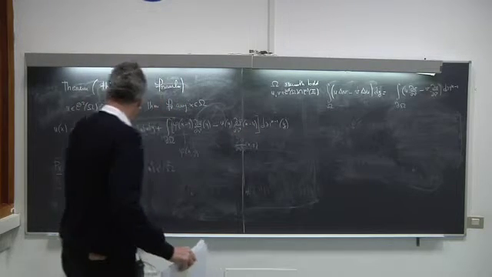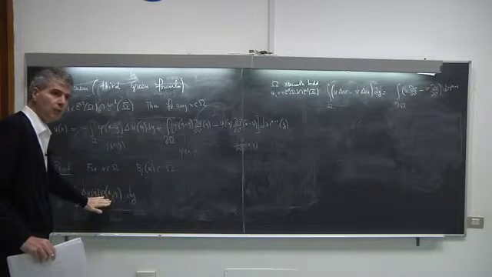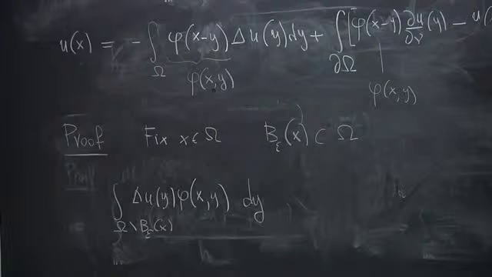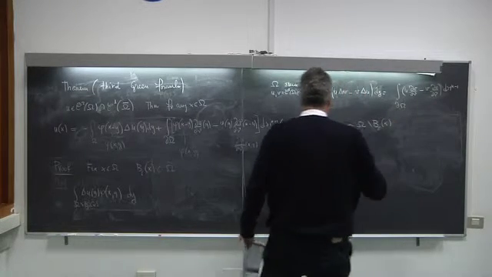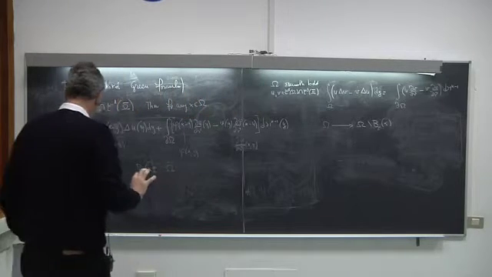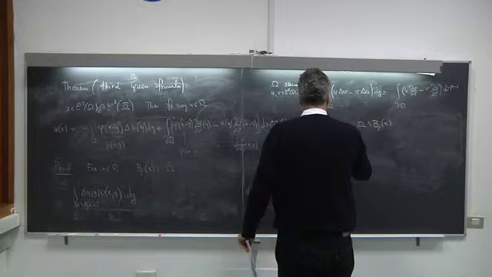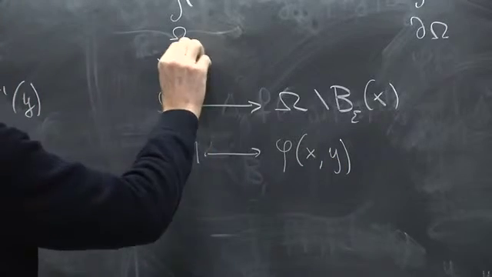X is fixed. At this moment, x is fixed, and I'm integrating with respect to y. So I apply this formula with the following: x is fixed, u is equal to u, and v of y goes to phi x y, x fixed.